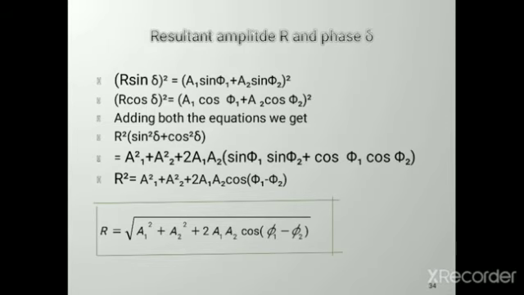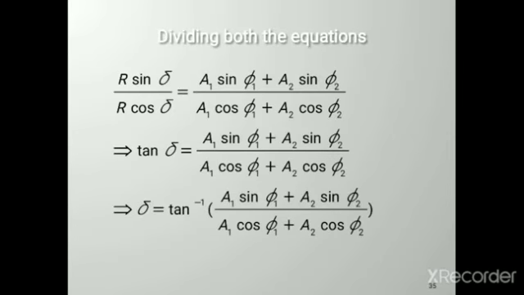Similarly, you can find out the value of delta by dividing both the equations. If you divide both the equations, only r will get cancelled from the left hand side. Sin delta upon cos delta is equal to tan delta. RHS will remain as it is. There will not be any change in RHS.